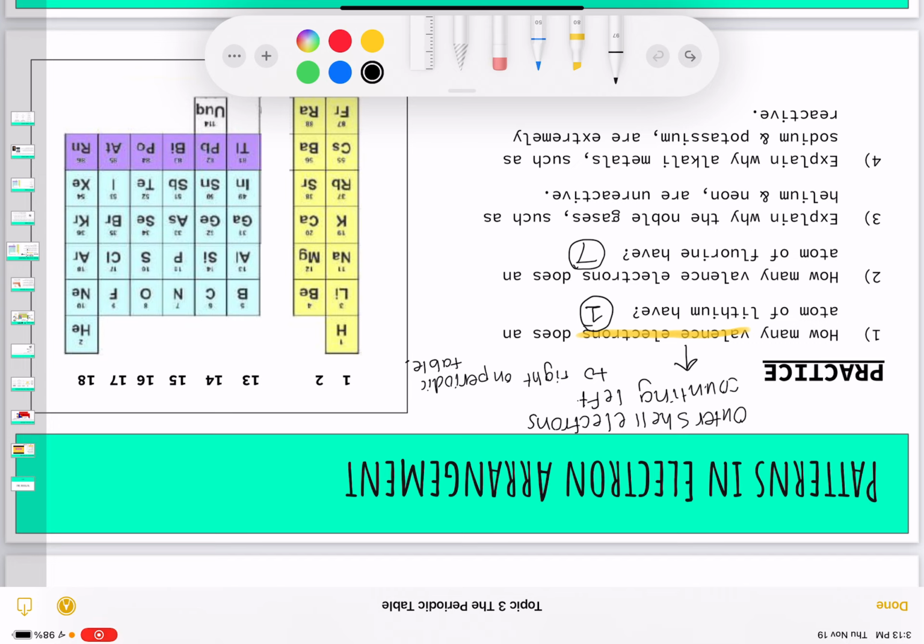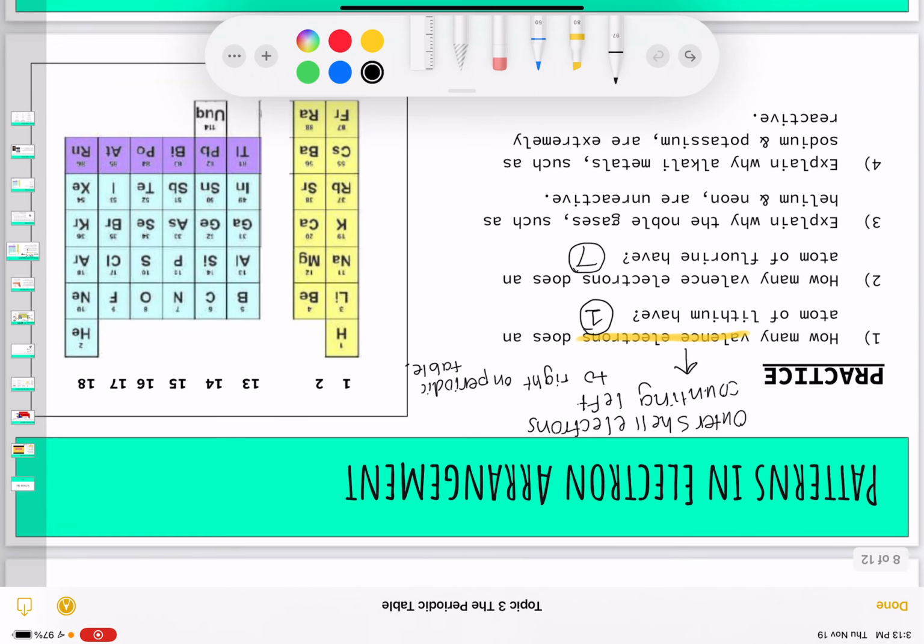Explain why the noble gases such as helium and neon are unreactive. So I just said that already, but why are they unreactive? They are noble gases. That's these guys. Because their outer shell is already full.